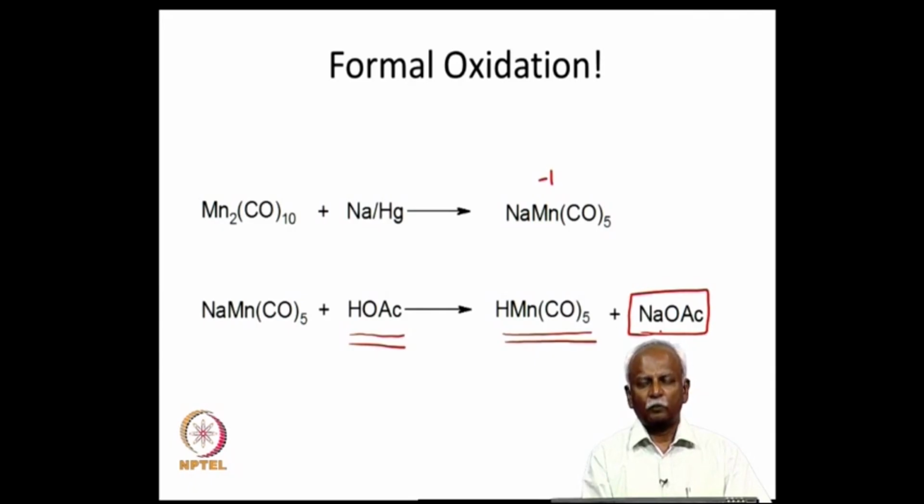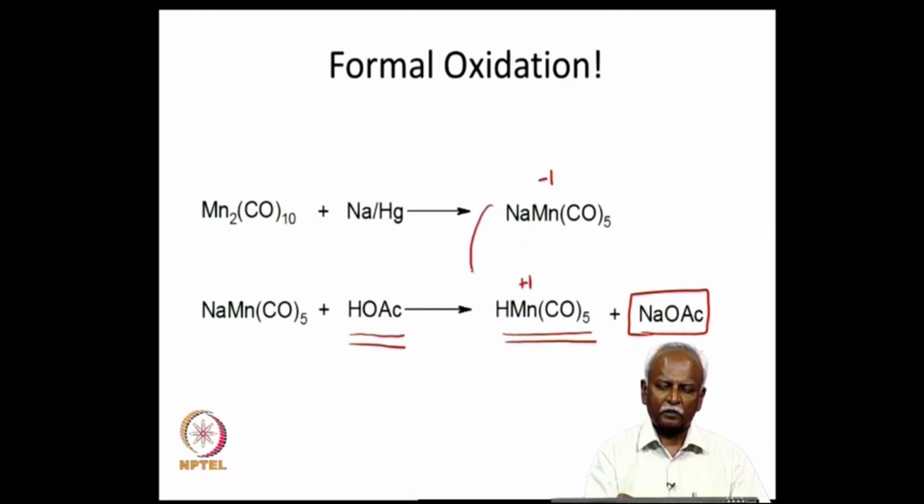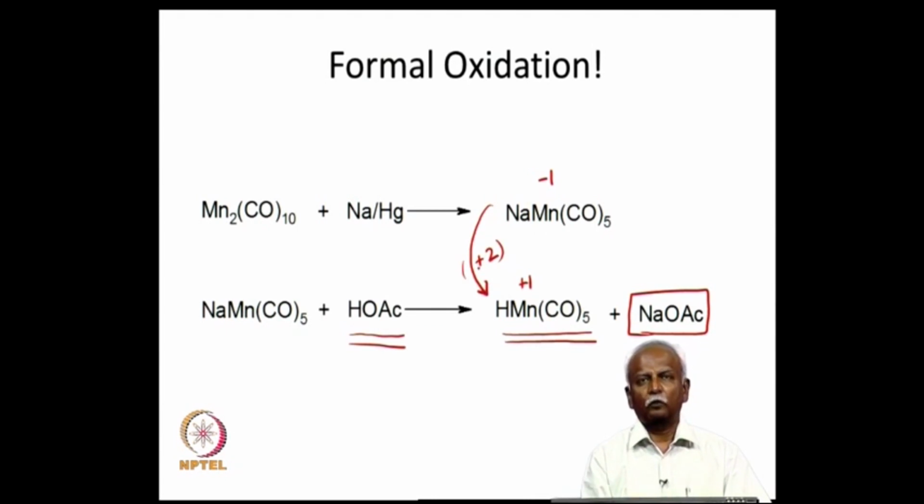Now, HMn(CO)5 again has a formal oxidation state of +1, and so you have changed the oxidation state in this process by 2 units. So, it looks as if 2 electrons have been removed from manganese. This is an interesting case of oxidative addition reaction, which has in reality not changed the number of electrons around the manganese, but nevertheless formally we have to call it an oxidative addition.